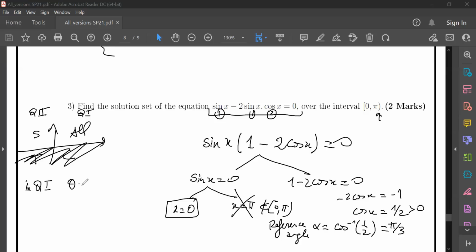In Q1, theta is alpha. It's pi over 3. We don't take Q4 here because it's outside the interval. So the solution set here, we have two solutions, 0 and pi over 3.